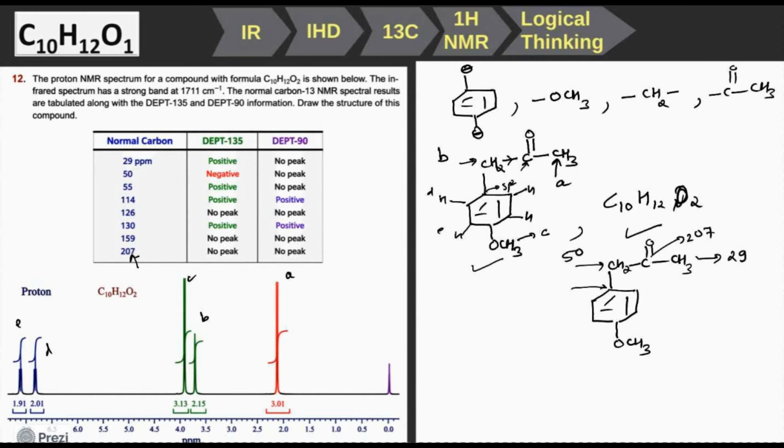So probably it is attached to the oxygen, so it could be 159, and this could be 126, and then you have 114 and 126. So one of them is 130, right? This is also consistent with the carbon NMR.